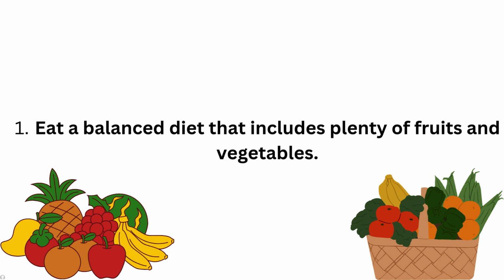Number 1, you need to eat a balanced diet that includes plenty of fruits and vegetables. Why is that? Because fruits and vegetables contain antioxidants. Antioxidants will boost your immune system, and they will also contribute to strengthening your teeth rather than weakening them and causing demineralization at the end.